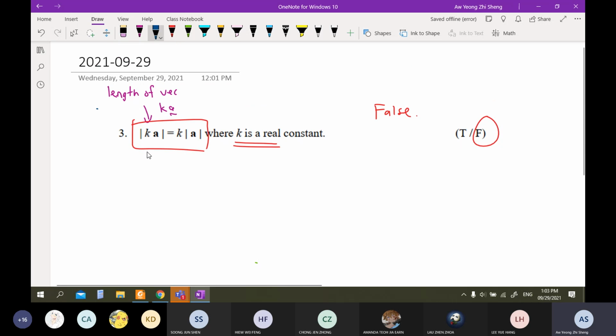So the statement under point number 3 itself is a false statement. It is true only when K is more than or equal to 0.